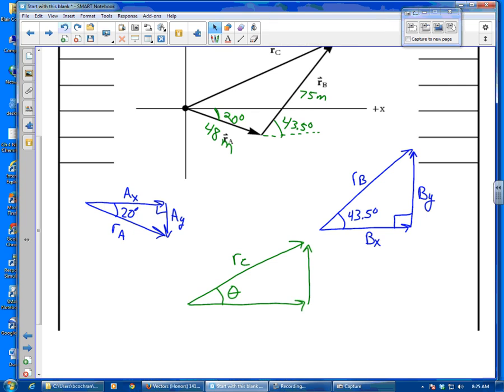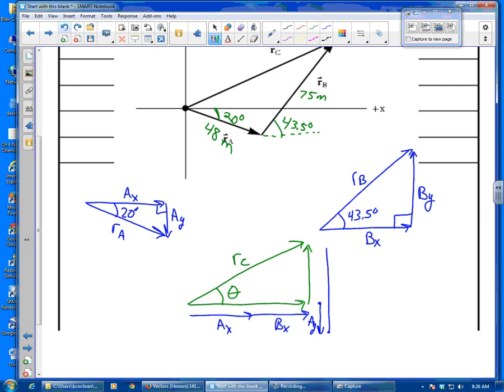So my horizontal components here, I'm going to have AX, and I'm going to add to that BX. Notice that I arranged them tip to tail, right? Because anytime I add vectors, I have to add them tip to tail. For my vertical component, I have to do them tip to tail again. Starting here, I have AY, which goes down this way.